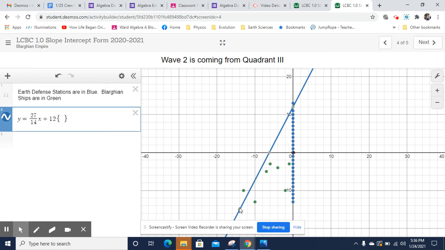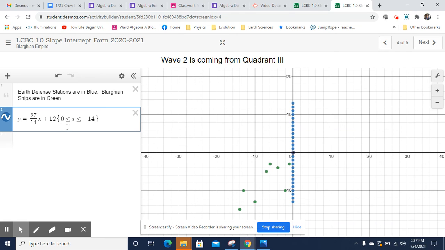So I'll start with a domain, okay? And so I know that my x values are negative 14 and 0. So what people will sometimes do is this: 0 is less than or equal to x is less than or equal to negative 14. And you might notice nothing happened. There's nothing showing up. Well, that's because this is a silly inequality.